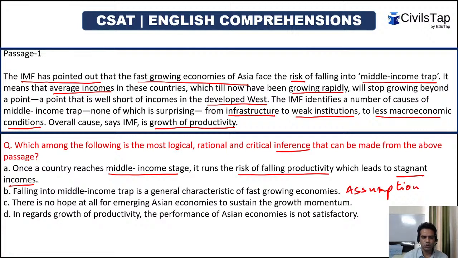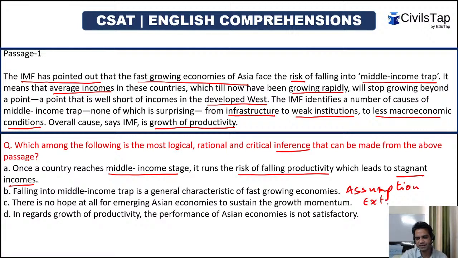Third is, guys, there is no hope at all for emerging Asian economies to sustain growth momentum. Something that I have always observed in the last 10 or 11 years, in so many passages, is that there is always one option which is extreme.